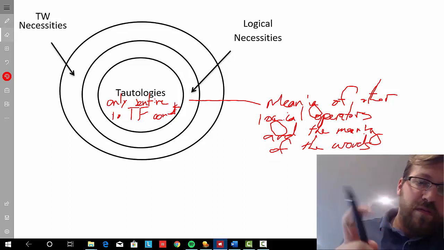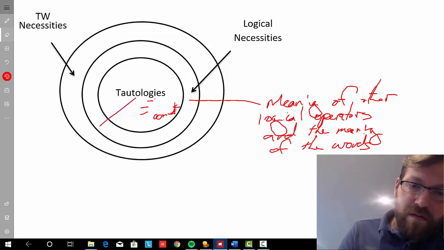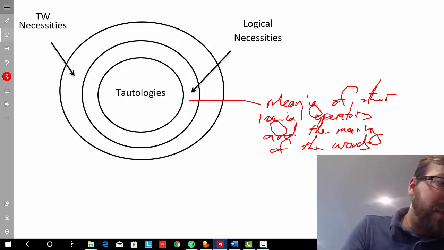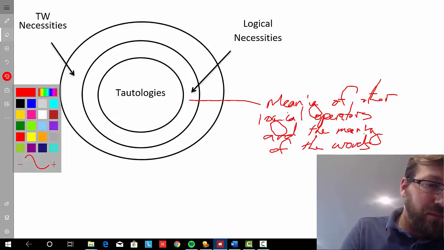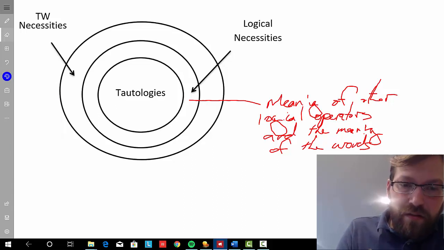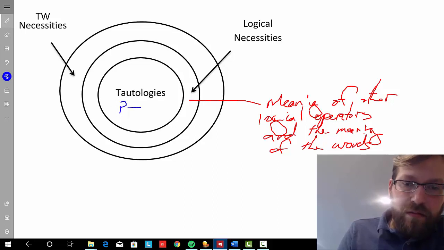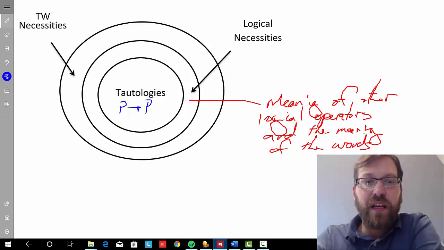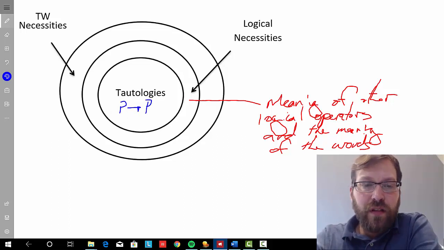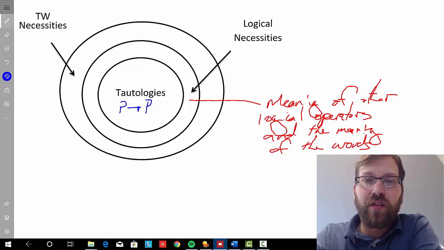So just as one example, if P then P is a tautology. It's got to be true whatever is contained in P. And so it also has to be a logical necessity. And as a result, then it's also got to be a Tarski's world necessity.